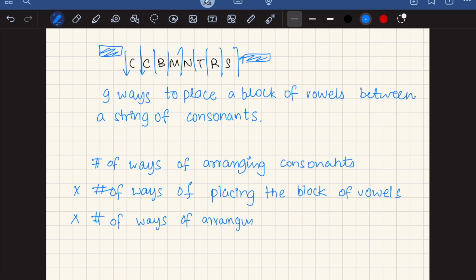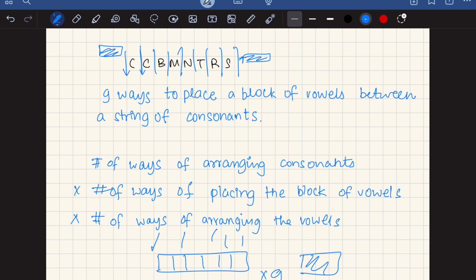So basically we are saying that you look at the consonants and arrange them in all possible ways. Then for every setting of consonants, there are 9 ways in which you can place the block of vowels. And then how many ways can you arrange this block of vowels?